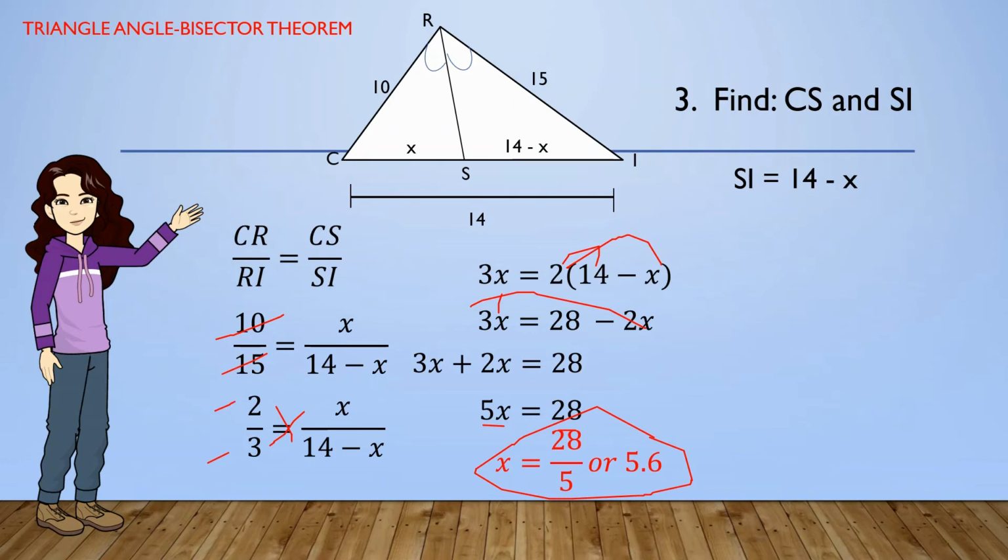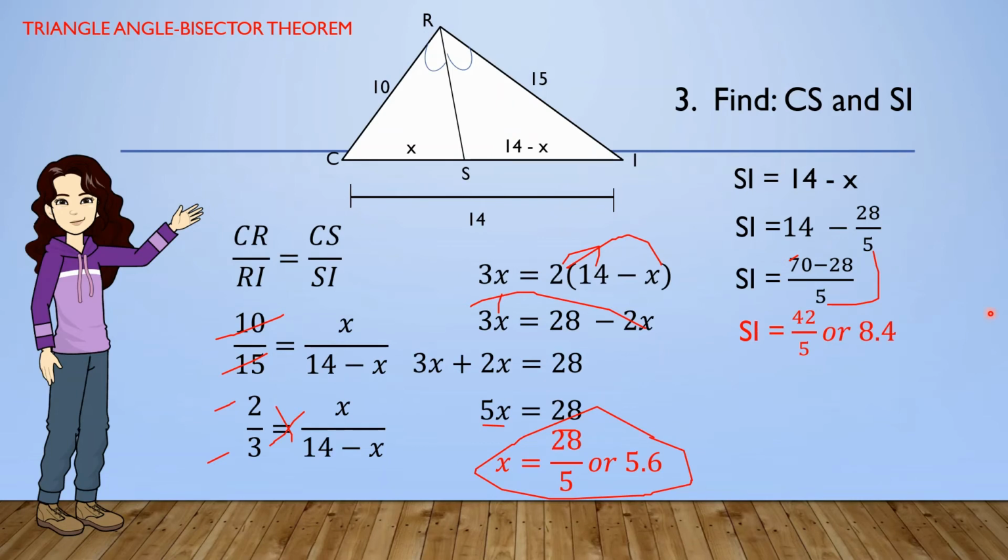Okay, how about SI? Since we have CS, just subtract it from 14. So 14 minus 28 over 5: get the LCD, which is 5. 5 times 14 is 70, then 5 divided by 5 is 1 times 28 is negative 28.